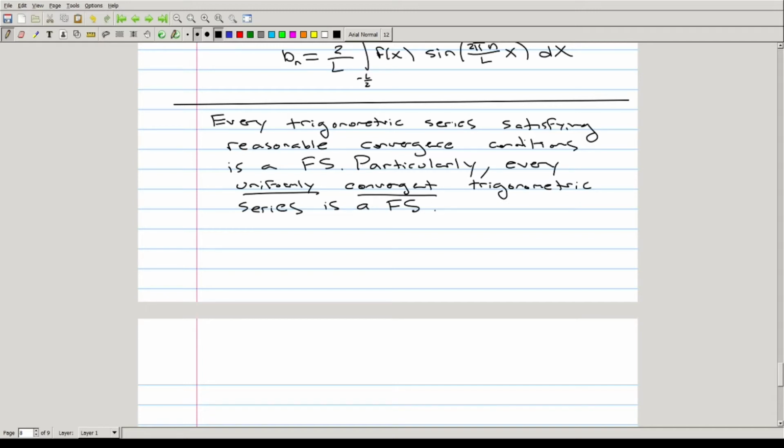But what we can do is go through and show relatively straightforwardly that if a given series is a Fourier series, then it'll be unique for a given function.